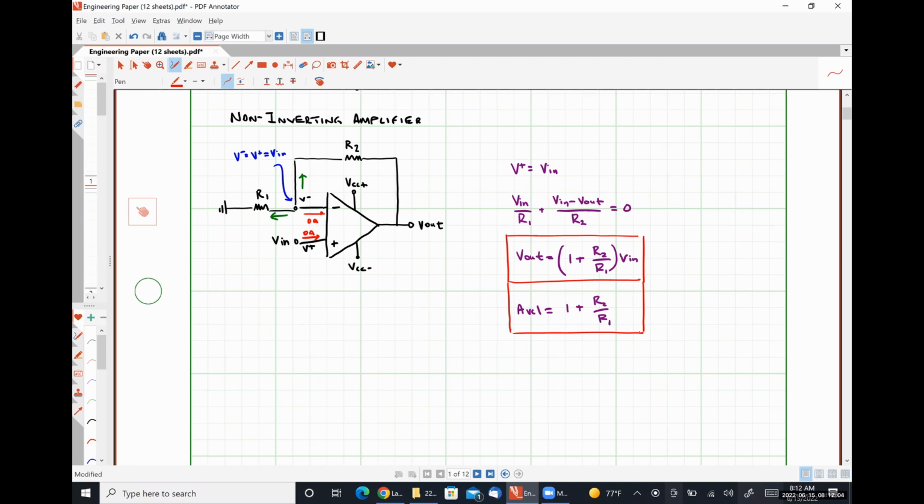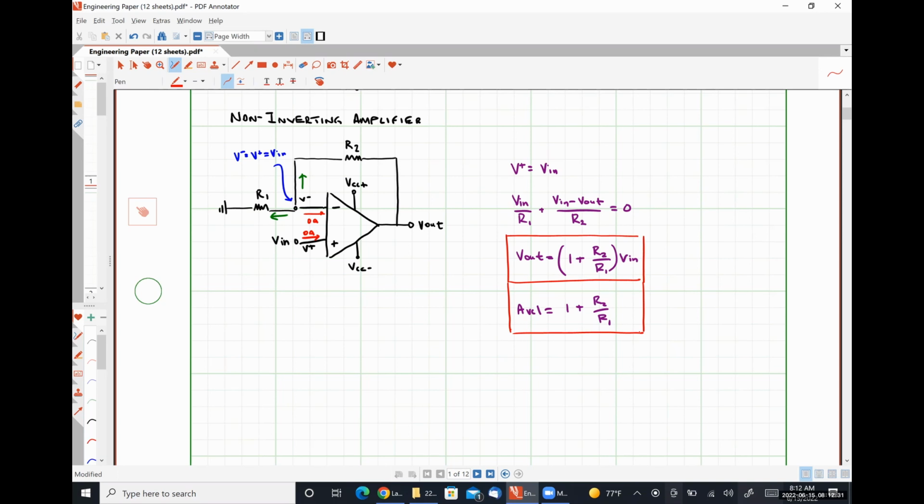Anytime we apply our input signal to the non-inverting input, we should see that we do not change the polarity of the output signal. Another thing to point out here is that the closed loop voltage gain of our non-inverting amplifier will always be 1 or greater, right? So we can only provide amplification.